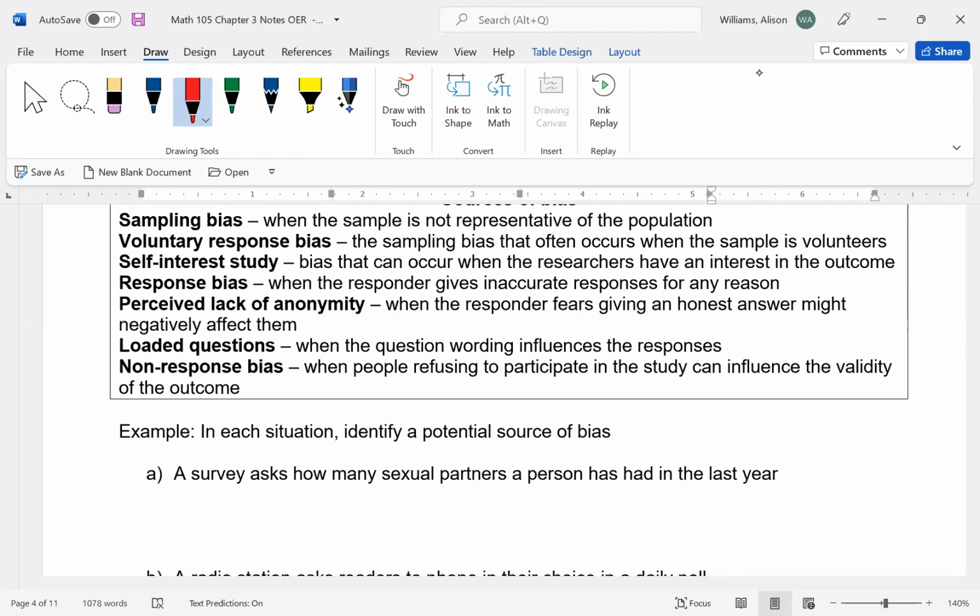Okay, so that would be one potential issue or bias that might cause the person, sorry, let me spell anonymity correctly, that might cause the person to not want to be truthful. But then there's also a potential of just giving an inaccurate answer, which could be response bias in that case. And in my head, if this is an answer that you would give on a test, I'd probably accept either.